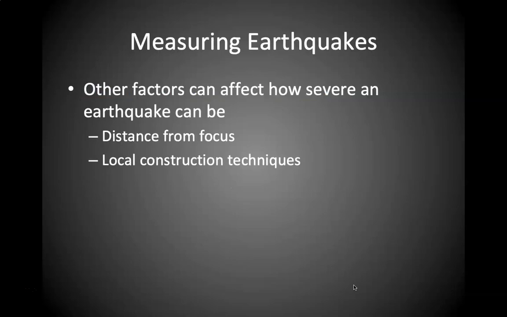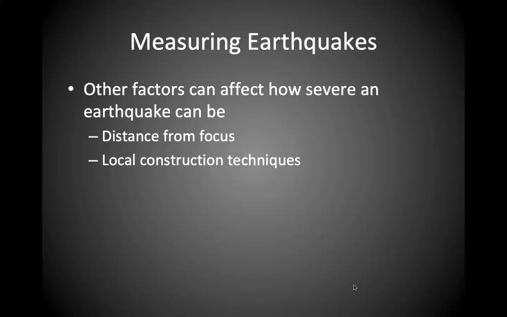Other factors can also affect the severity of an earthquake, such as distance. If you're further away from the earthquake, it's not going to be as violent. And then also local construction techniques. Here in the United States, we have probably the best infrastructure for construction.